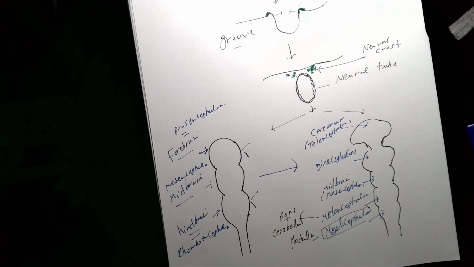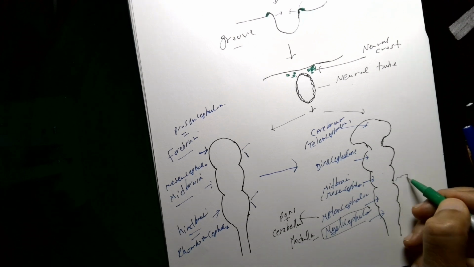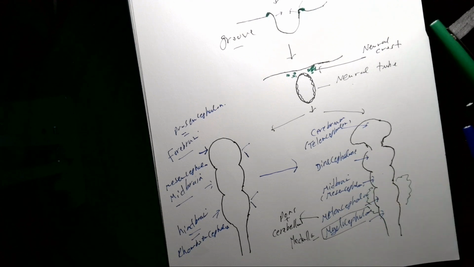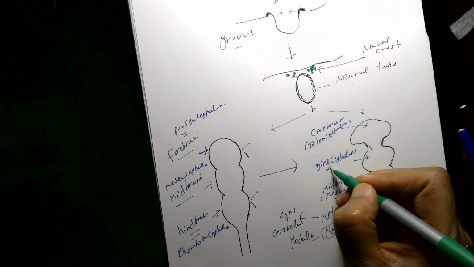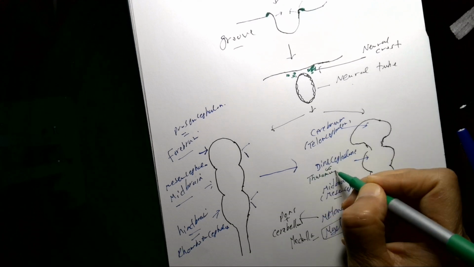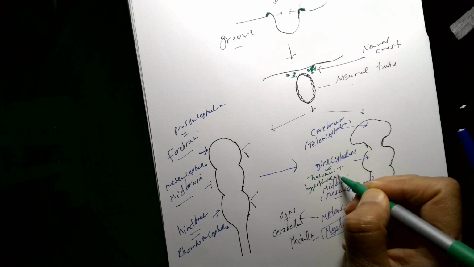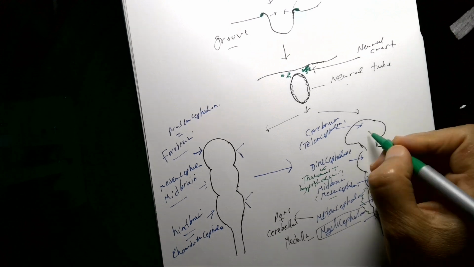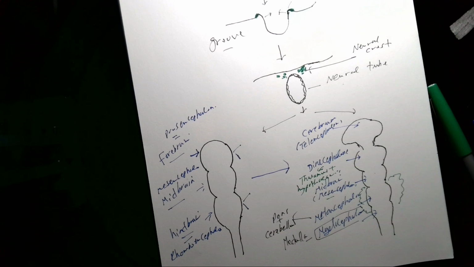So you will find the cerebellum is going to form around the pons here, and the medulla. This is the cerebellum. Then the midbrain, then the diencephalon, which refers to the thalamus, hypothalamus, and the epithalamus. Then you have the cerebral hemispheres, and each one of these will have a cavity.